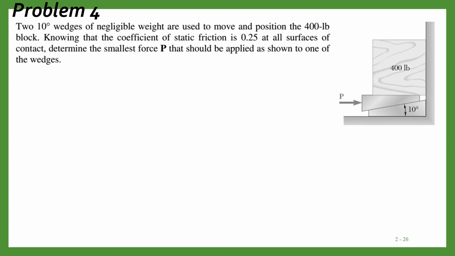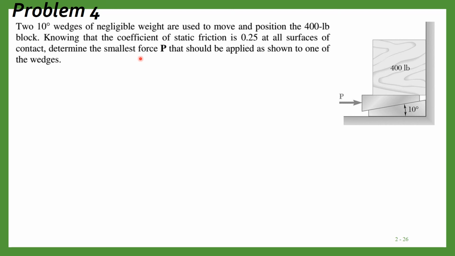Welcome dear students. So now we will solve another problem related to friction, and this problem is related to wedges. The problem is: two wedges of 10 degrees and negligible weight are used to move and position this block, knowing that the coefficient of static friction is 0.25 at all surfaces of contact.